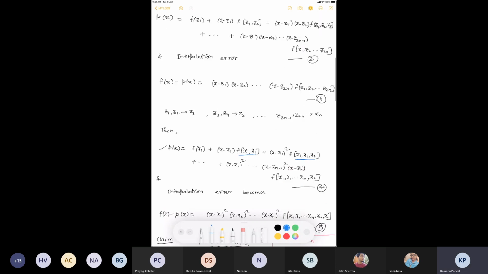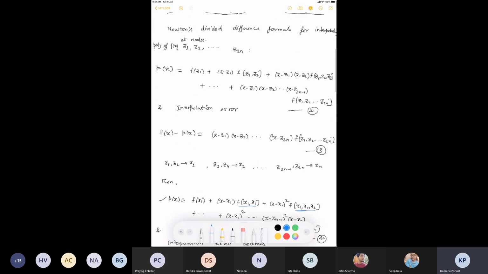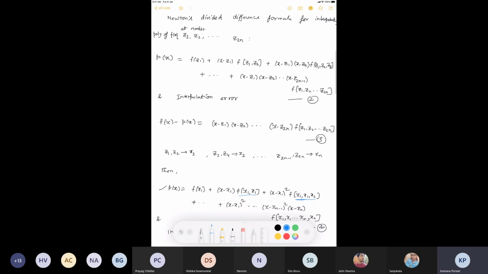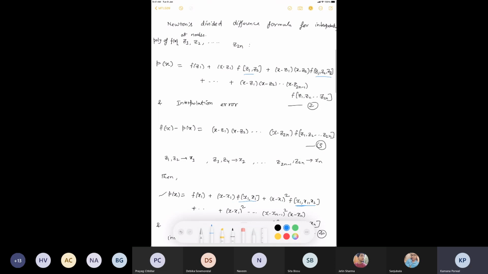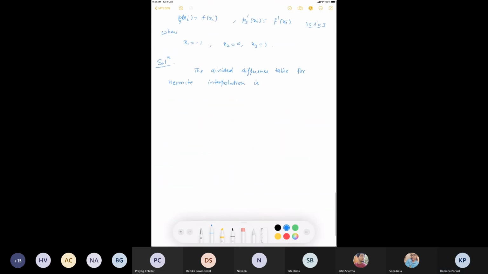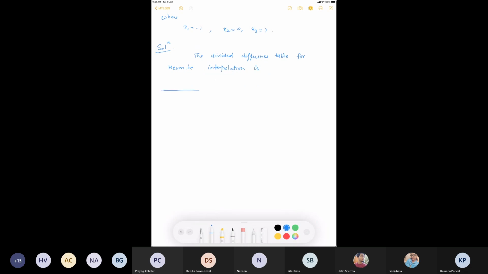Or you can look at it from this idea also: suppose x1 is given, I have to take two consecutive nodes to be the same to form the divided difference table. So that's what we are going to do here. Instead of the xi's, because the zi's are distinct, I will write in terms of the zi's, and then we will have f evaluated at zi. For the zi, the two consecutive nodes need to be the same.